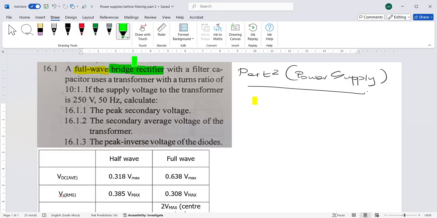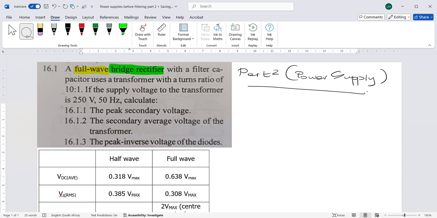If the supply voltage of the transformer is 250 volts at 50 hertz, calculate the secondary voltage. So how do we go about doing this?